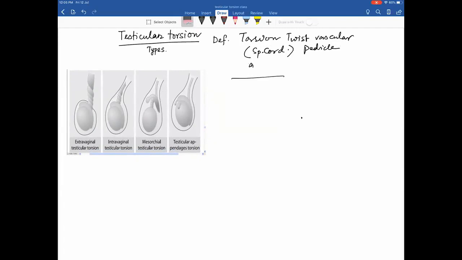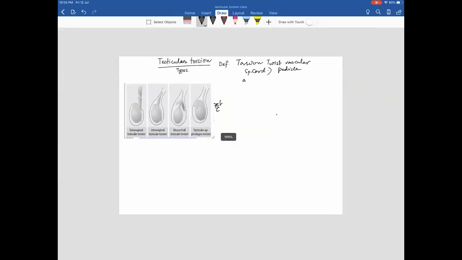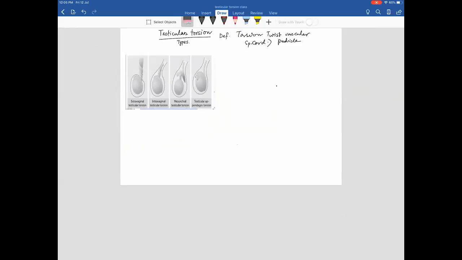So this cursor sometimes does not help me. So you have an extravaginal cause of a torsion and an intravaginal cause. So let us start with this one again. So extravaginal cause and an intravaginal cause.